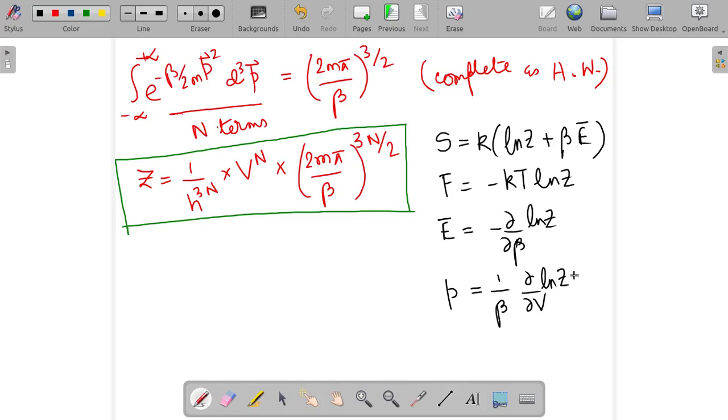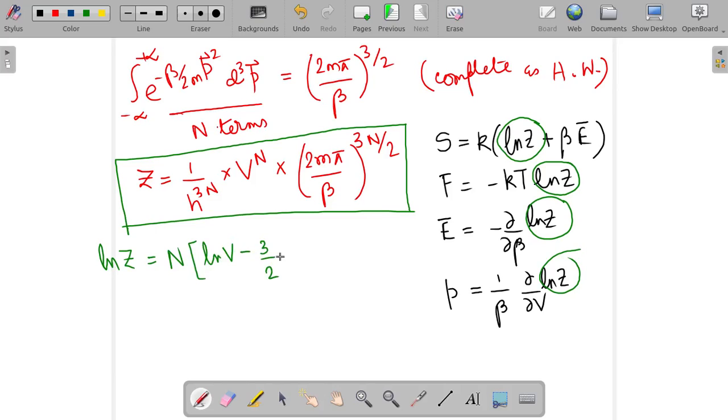So what is the relevant quantity then? This log Z. So let us find log Z. N log V minus 3 by 2 log beta plus 3 by 2 and so on.